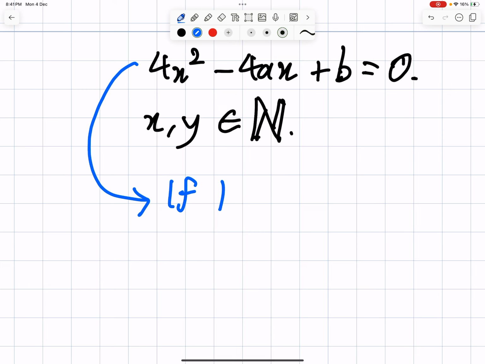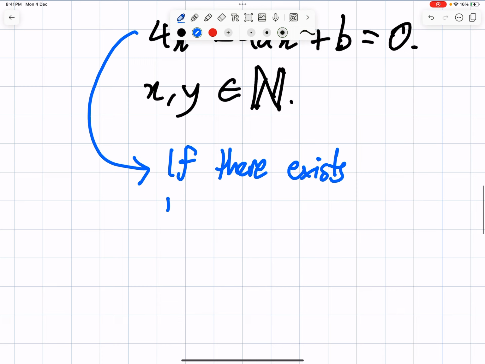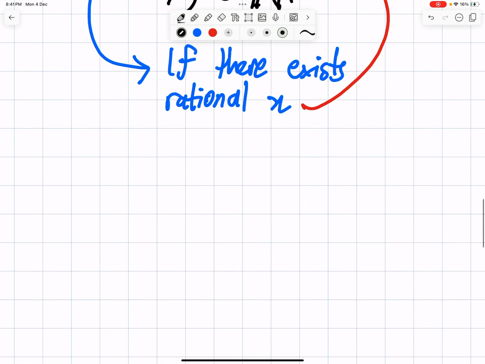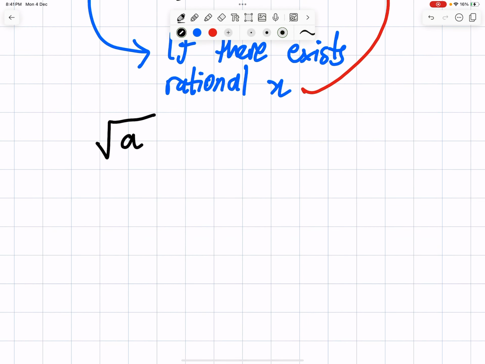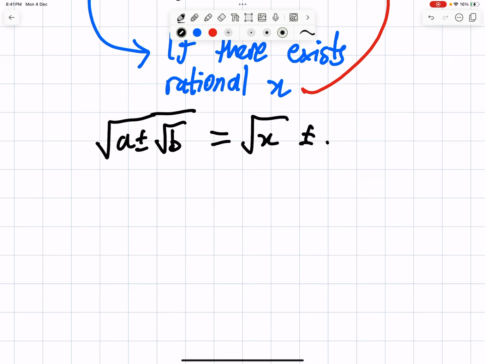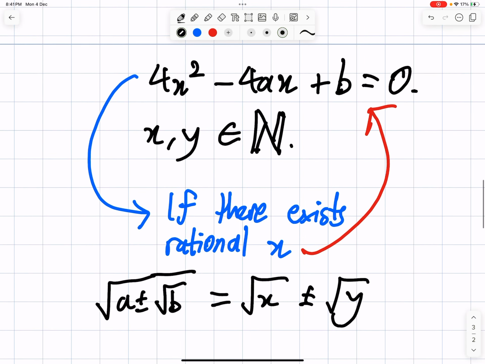If there exists rational x such that the equation above is satisfied, then we can simply write that square root of a plus minus square root b is just equal to square root x plus minus square root y, where x and y are the solutions to this polynomial.